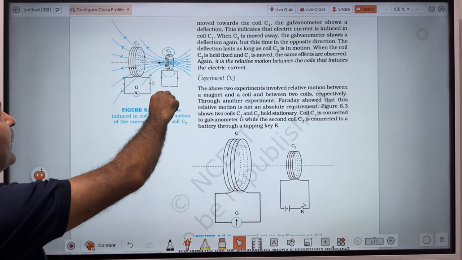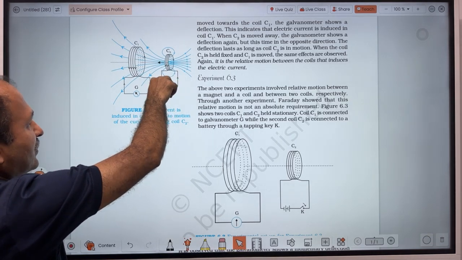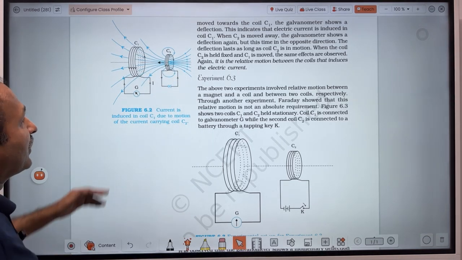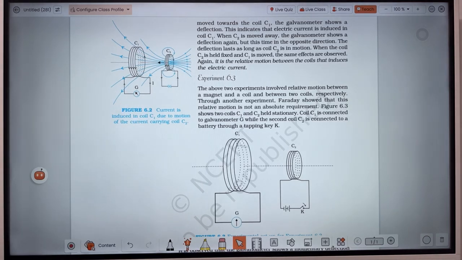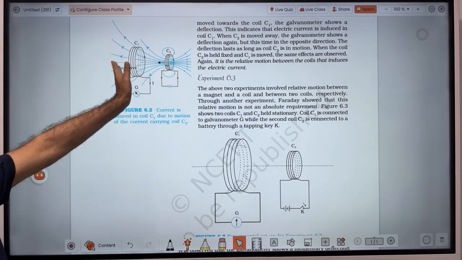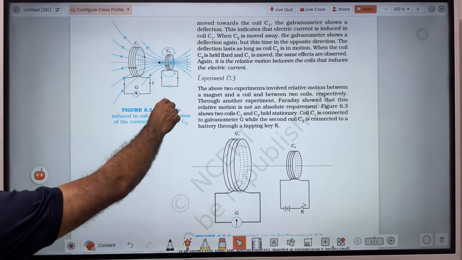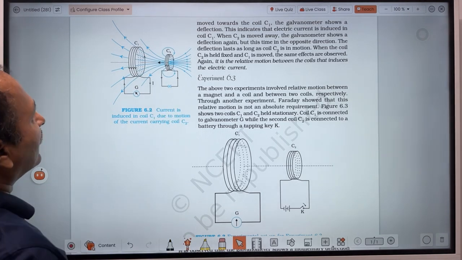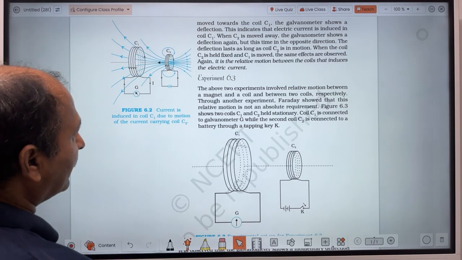But when we switch off the connection of this circuit, then again momentarily there was deflection in the galvanometer. So he concluded that whenever there is a change in current in one coil, then an EMF is induced in another coil. And so the current changing can be in two ways: number one, when the switch is made on, and number two, when the switch is made off.